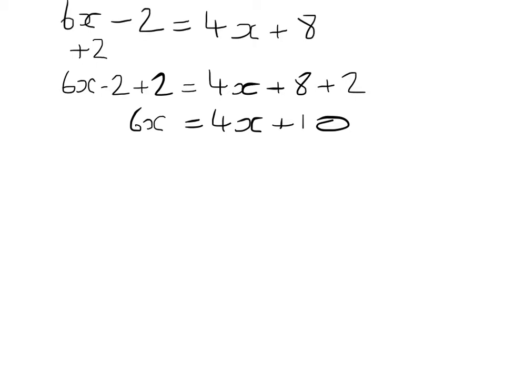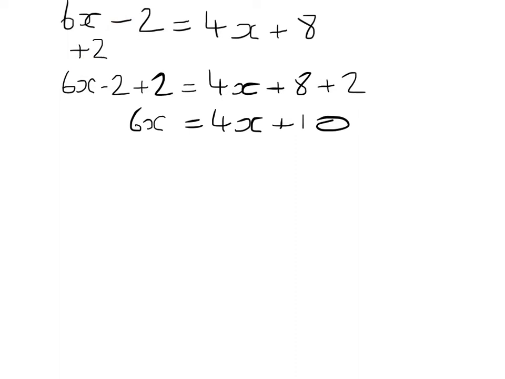If I was just looking at it, I'd say, well, really, I want to get this lot of x's over to this side. It's quite nice to visualize. I want to get all the x's on one side. Now, that isn't actually what we've been doing with regards to getting rid of elements on one side. We've been doing the opposite operation to get rid of them. So, bear with me on this.